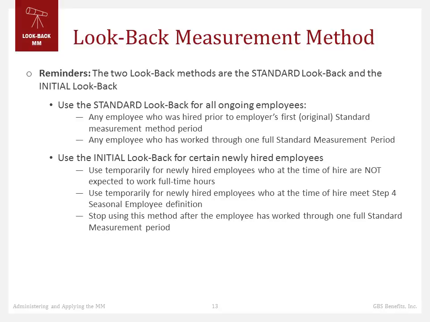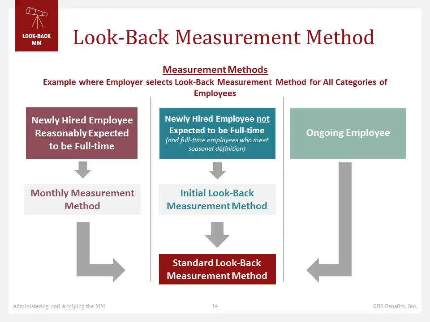So seasonal employees who are officially seasonal employees, not those who you call seasonal employees, but those who meet the definition. And there's a specific definition we talk about in the other Part 1 seminar. And then you're going to stop using this method after these employees have worked through one full standard measurement period, just like in the other. So everybody who becomes an ongoing employee then gets put into the standard. And that's basically what we're saying there.